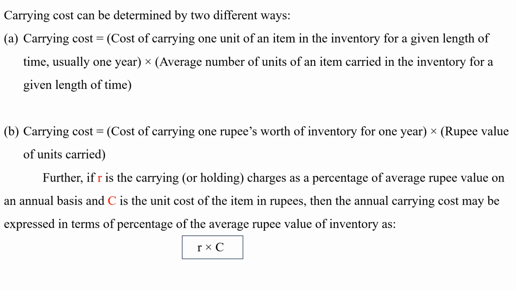The carrying cost can be determined in two different ways. First one is the carrying cost equal to the cost of carrying 1 unit of an item in the inventory for a given length of time, usually we consider 1 year, into the average number of units of an item carried in the inventory for a given length of time, which means carrying cost per respective unit into the number of units.